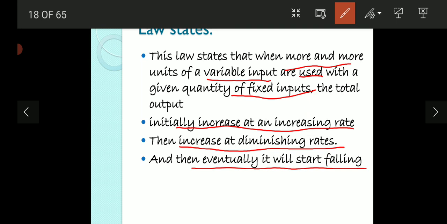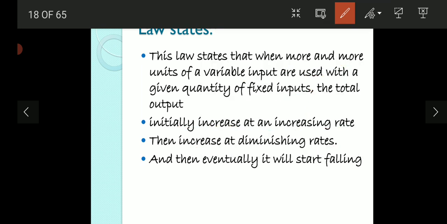The law states that if I have one fixed factor and I keep on increasing variable factors, what will happen? Initially the output will increase at an increasing rate. Then it will increase at a diminishing rate. And then eventually it might start falling. This is what the law of variable proportion states.